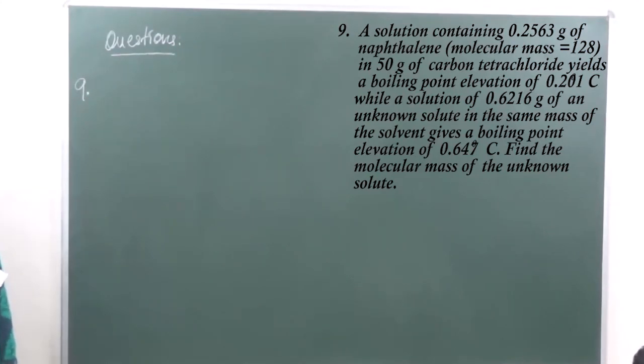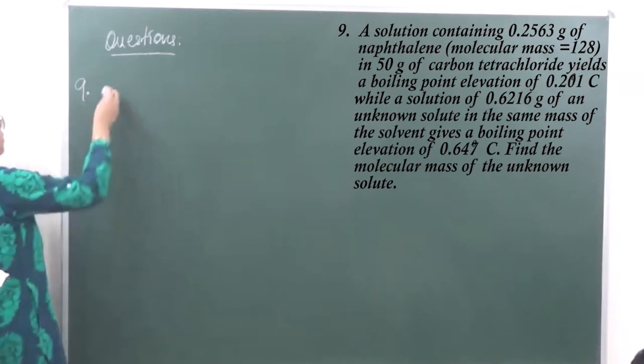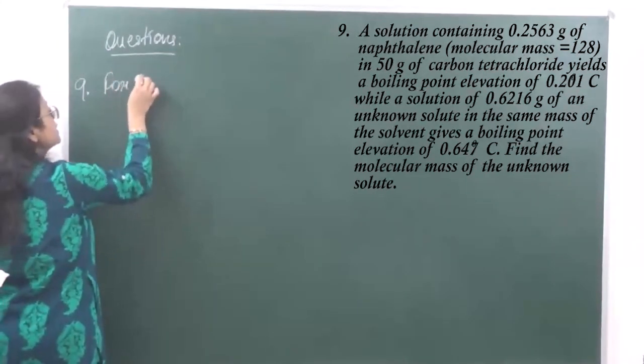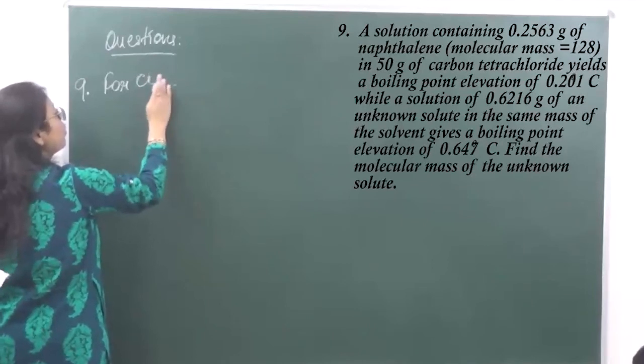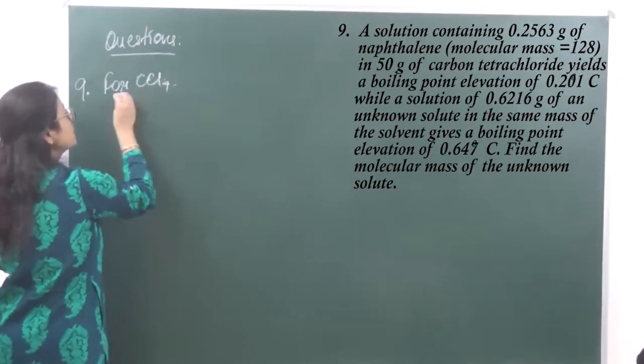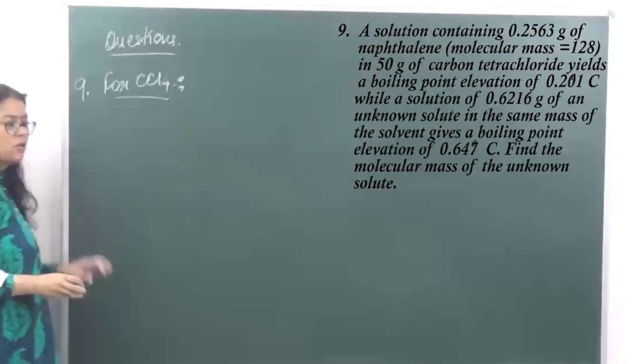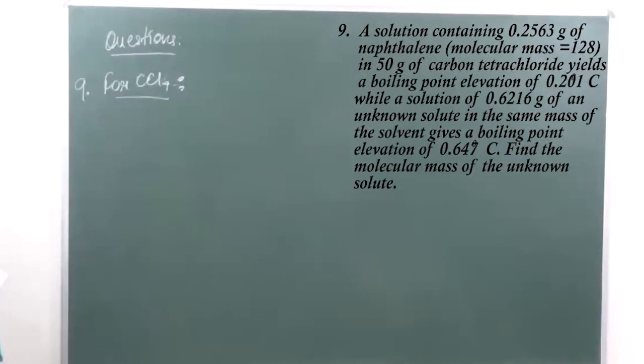Okay, now we have this thing over here. The first one we are going to use the formula Kb, that is equal to what? So let's first take it for carbon tetrachloride, CCl4.